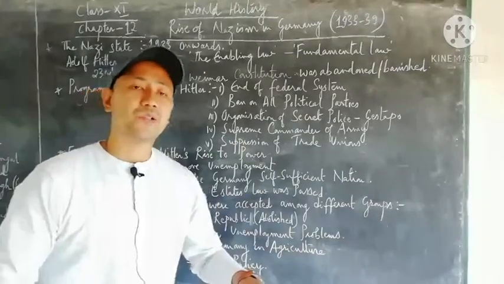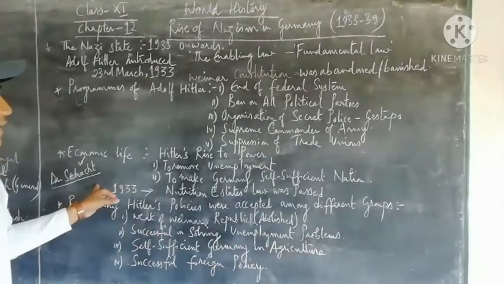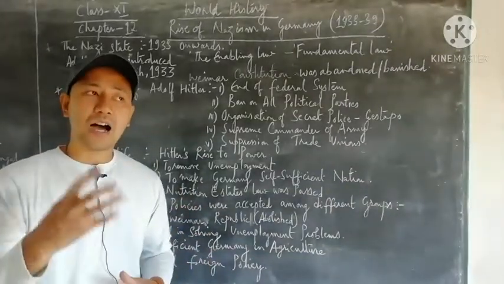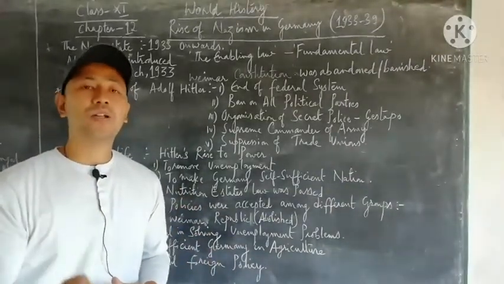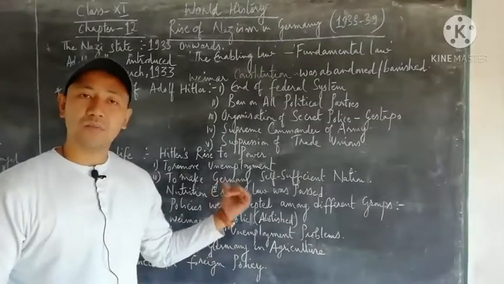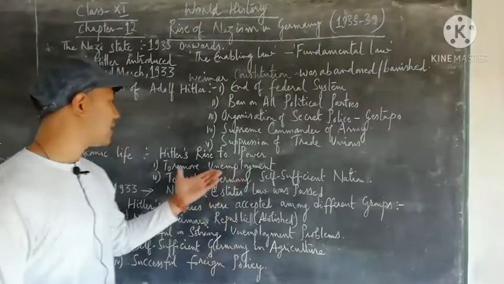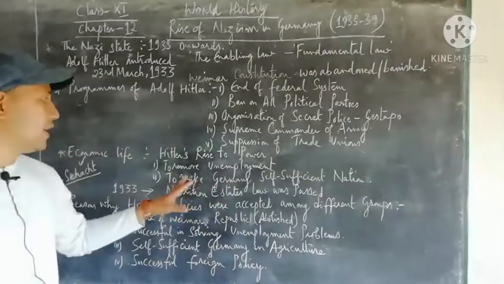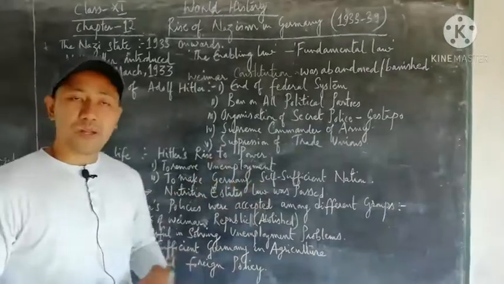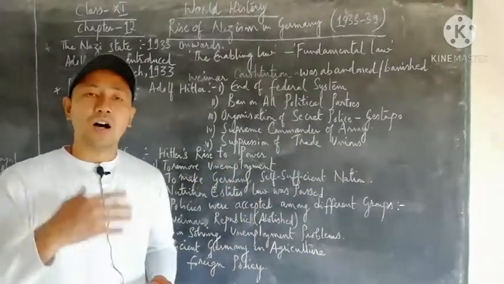On that basis we see that Dr. Schacht gave a lot of good points regarding strategy related to the economic life of German citizens. Based on that, he mainly focused on two points, that is, how Hitler would remove all the unemployment. How to remove it?